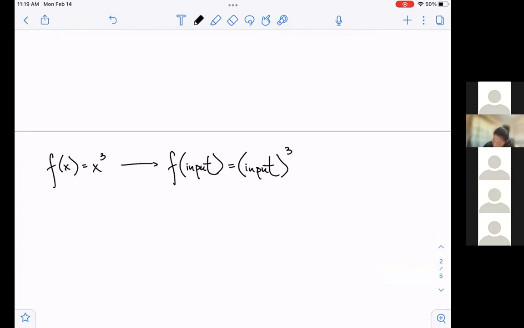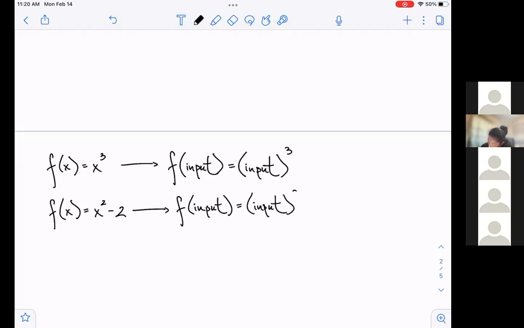If I had a different function, f of x equals x squared minus 2, that would be the same thing as saying whatever my input is, we do that input squared and then we subtract 2. Does that make sense, Alexis?